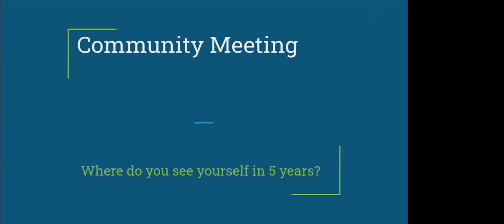So, community meeting question. Where do you see yourself in 5 years? We can look at it 2 ways. It is now 2020, so where do you see yourself in 2025? Or you can look at it from a more personal level. You are somewhere currently between 16 and 21, so think about yourself between 21 and 26.